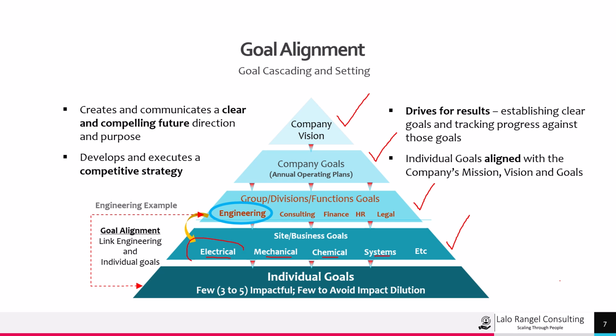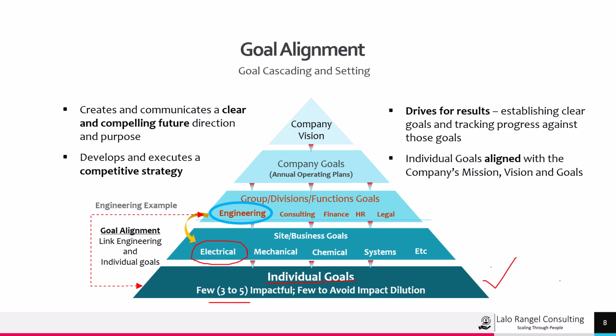Like in this case, the leader of the electrical business is going to identify his or her goals that are going to be aligned with and supporting the engineering division goals. Once these goals are identified and documented, they're going to be communicated to the rest of the team. Then each of the employees in the electrical business needs to document their individual goals.